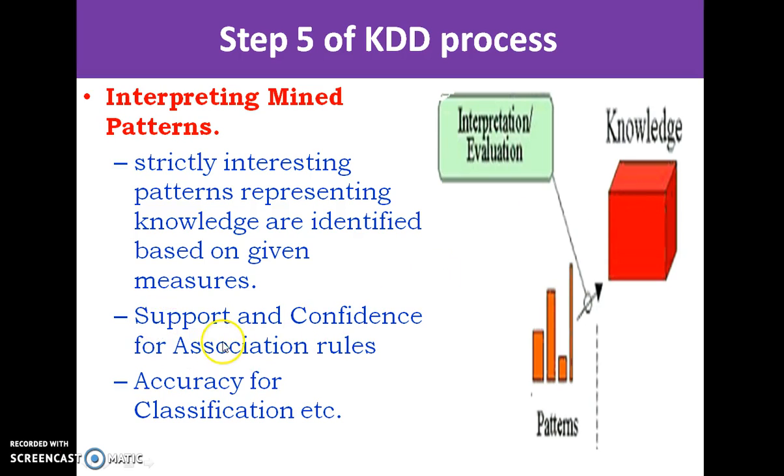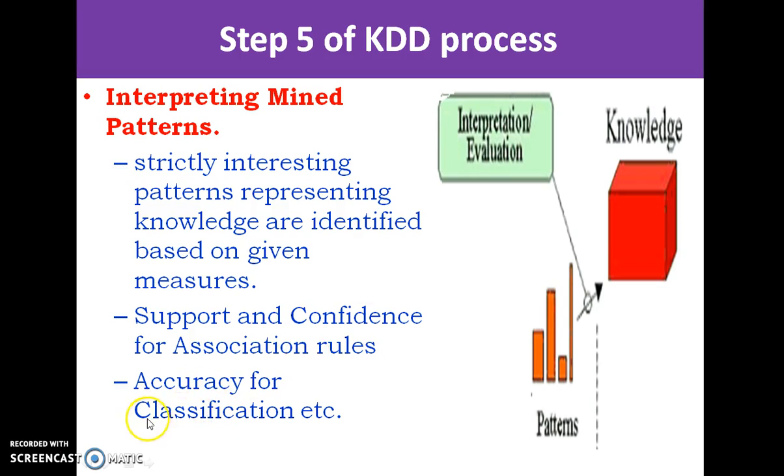So consider an example. If your patterns are in the form of association rules, you can consider the measures support and confidence. Support implies this pattern is supported by what percentage of the existing data, and confidence implies the probability that this pattern will become true in future.